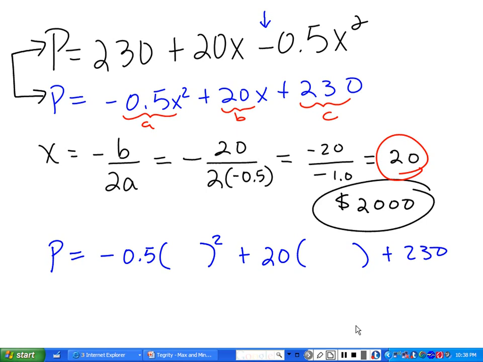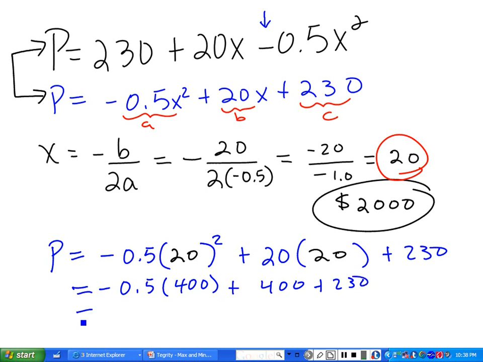So I'm going to plug in the 20 for each x and do a little calculation. So we get 430.